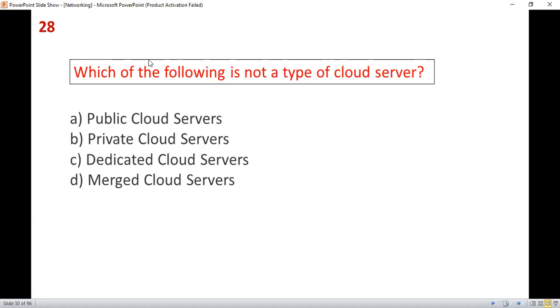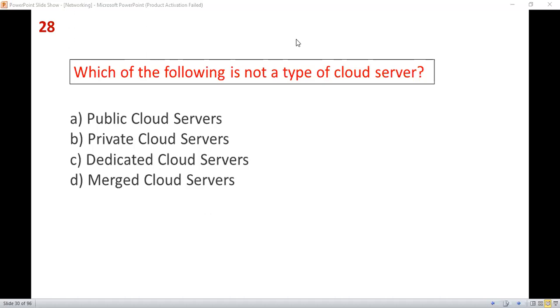The next question you can see: which of the following is not a type of cloud server? Okay.